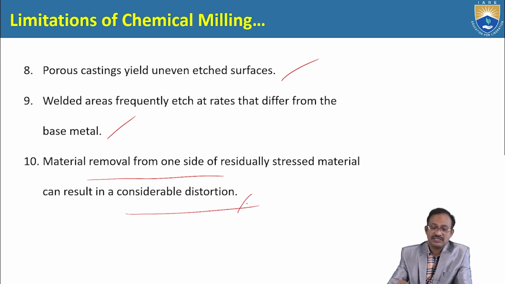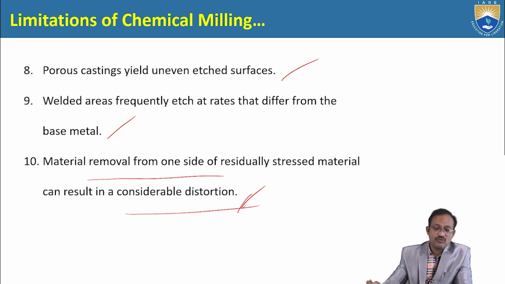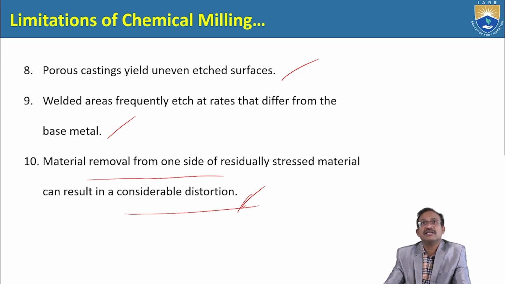This is the main limitation of chemical milling. However, we can minimize the induced or residual stresses, but for a few materials this may happen.